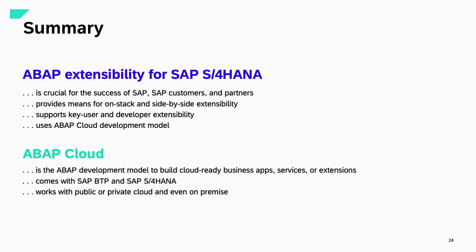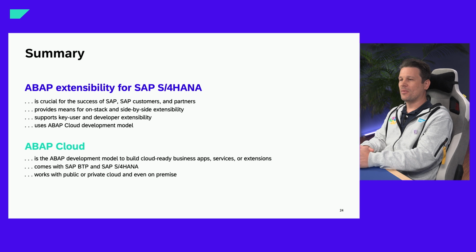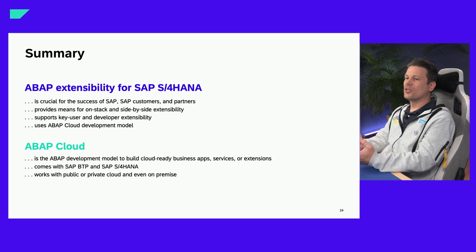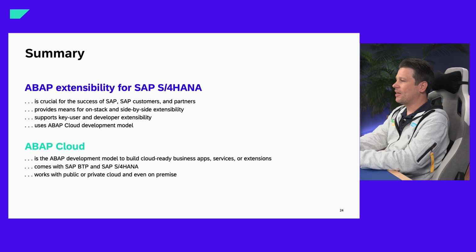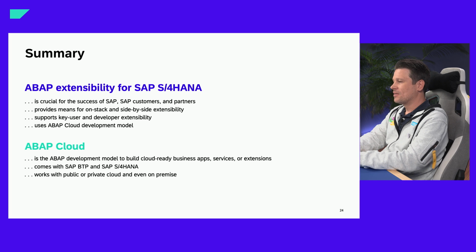Just let me summarize everything here. So first of all, you have the ABAP Extensibility for SAP S4HANA editions, which is crucial for the success of your applications and your business processes, that you are able to extend SAP applications and processes directly on stack or, of course, side by side if they are decoupled.